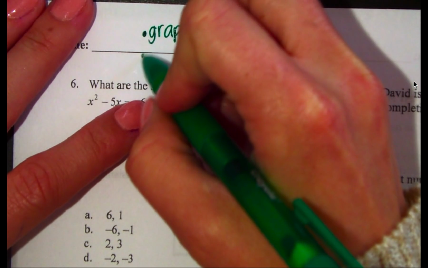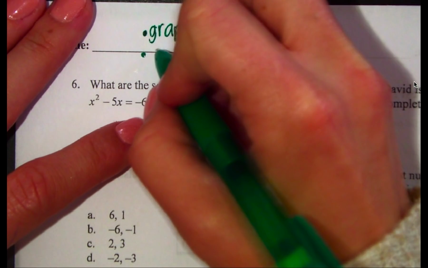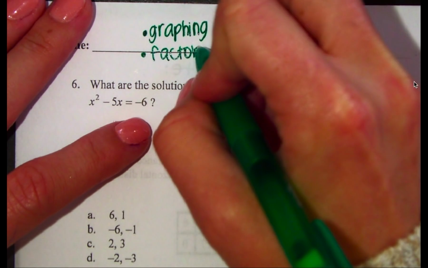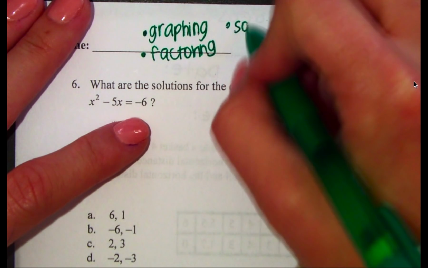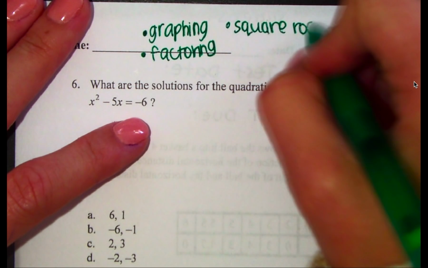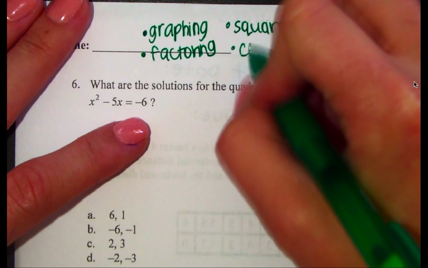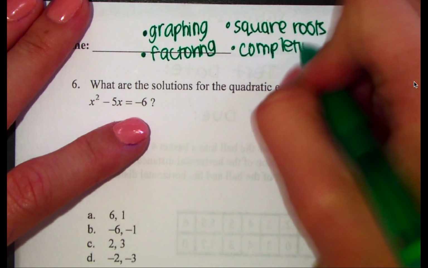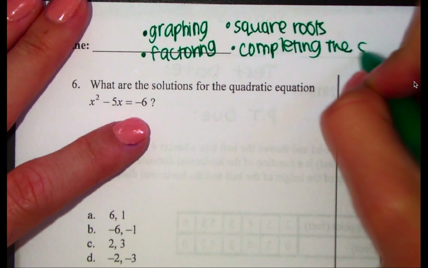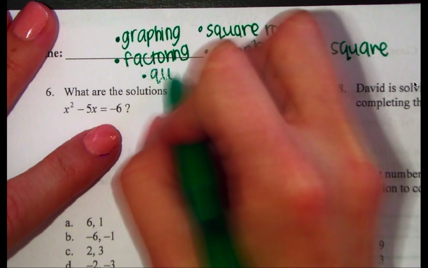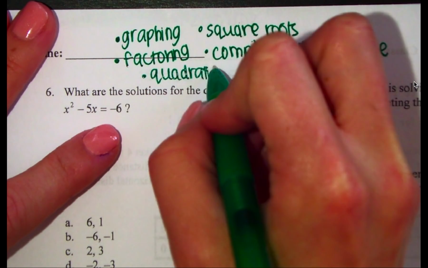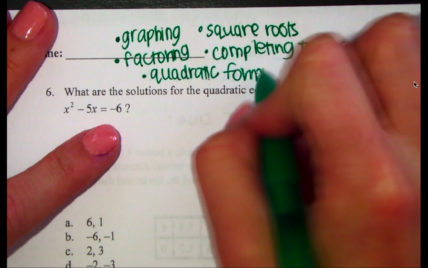We talked about factoring, using square roots, completing the square, and quadratic formula. So these are all different methods that we have for solving.